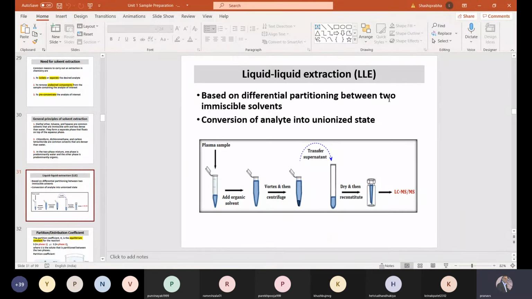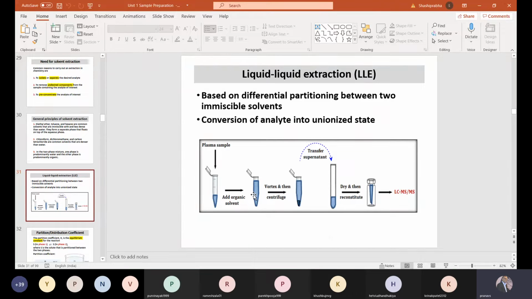Now in LLE, as I said, conventionally people used to use, and still it is being used at some places, separatory funnels for extraction. But now, because of environmental concerns and waste minimization of toxic organic diluents or solvents, we are now doing liquid extraction in very small vials, just like this, which have a capacity of 2, 3, 4, 5 ml.